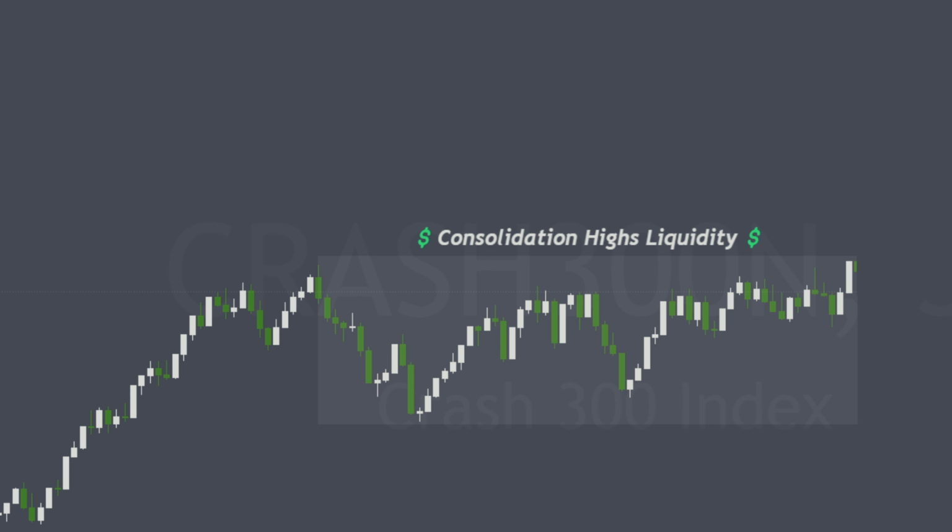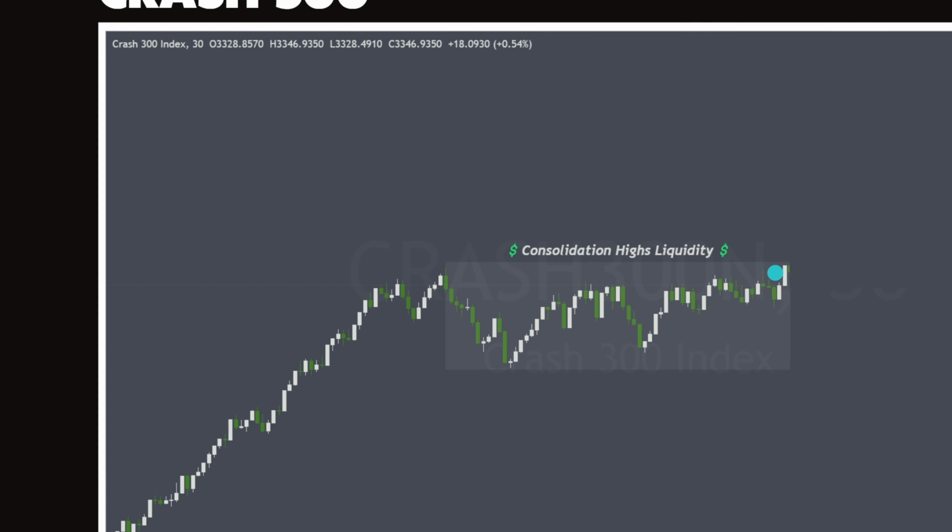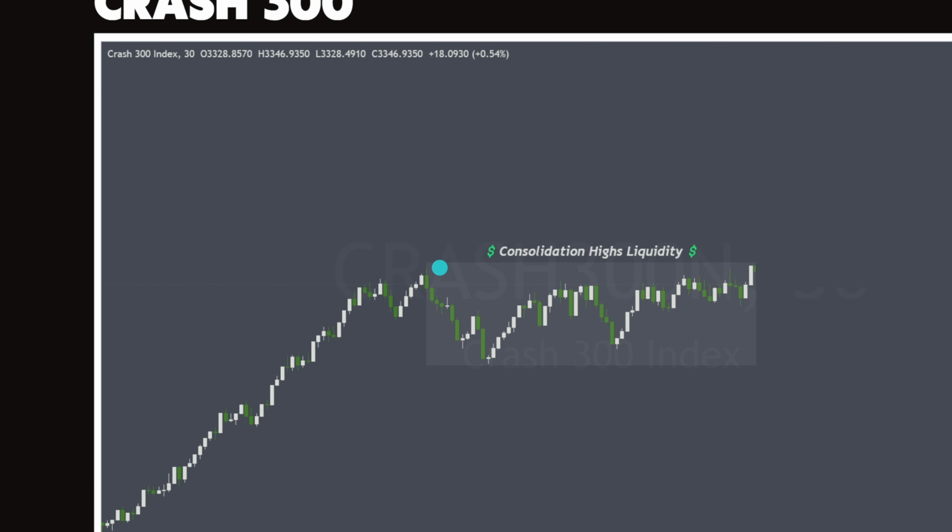And usually when these consolidations are formed, they tend to create liquidity, and liquidity can be found on top of these highs or on top of this consolidation range. So now what we want to see is if price is gonna break these highs at a later stage, right? Because there resides liquidity above these highs.